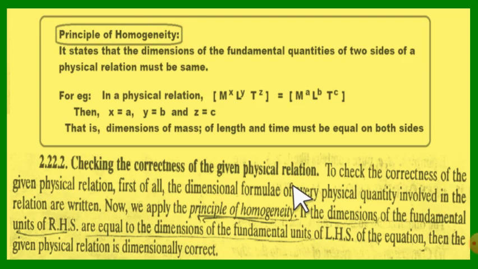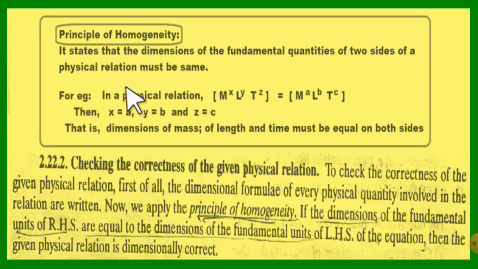The principle of homogeneity states that the dimensions of the fundamental physical quantities on the two sides of a given physical relation must be the same. Homo means same, geneity means uniformity. In dimensions, we call it the principle of homogeneity.